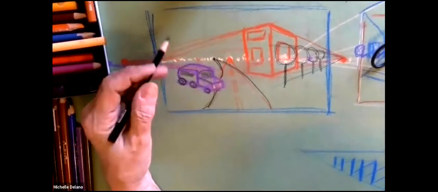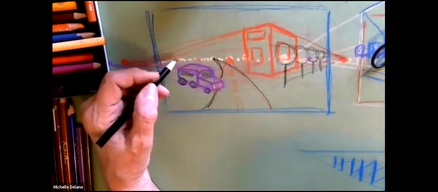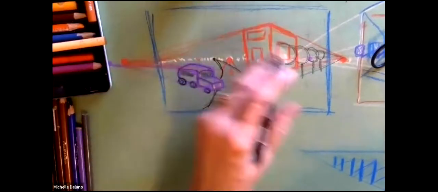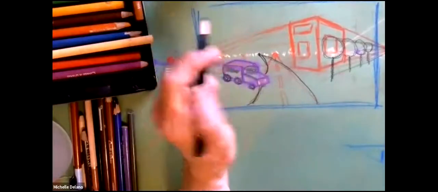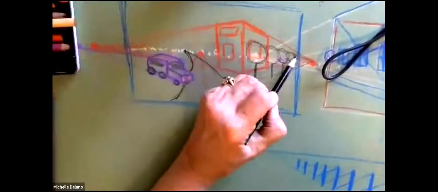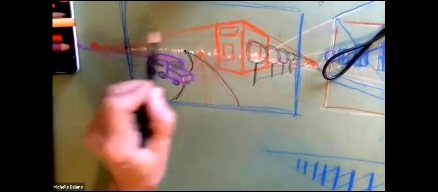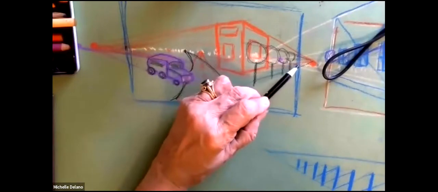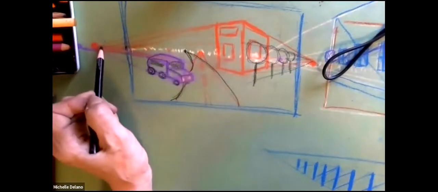Let's do some shadows, and let's pretend as I'm looking through my viewfinder that, just for our purposes, this is east and this is west, which means the sun rises in the east and sets in the west.